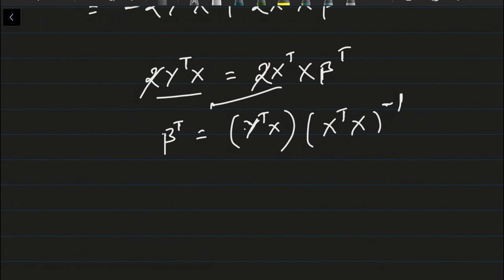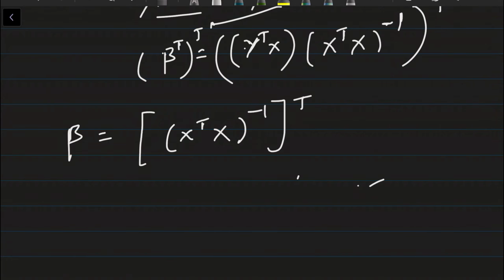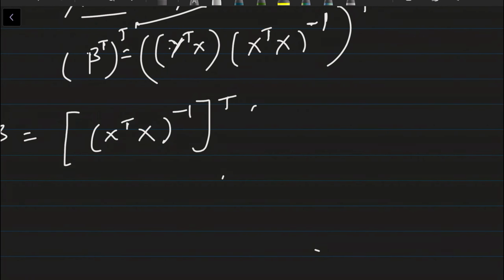To get beta, I'm taking the entire transpose. So beta equals X transpose X inverse, whole transpose, into Y transpose X whole transpose.